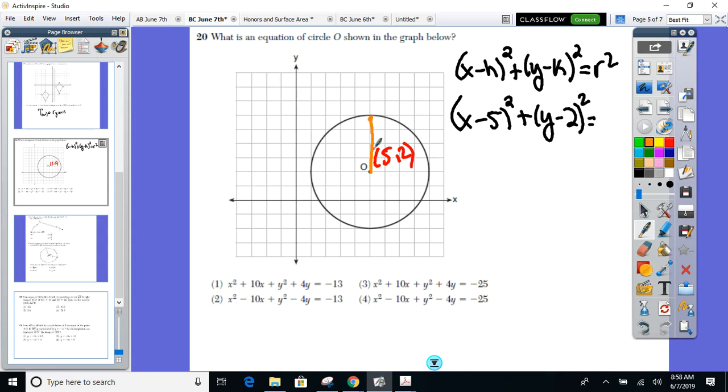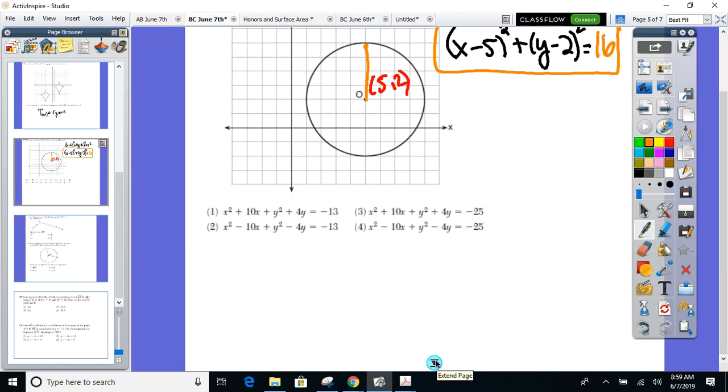The radius length would be 4 units, but what's getting plugged in here then? 4 squared, or 16. So I need to find the multiple choice that breaks down to that equation. Any issues building that equation?